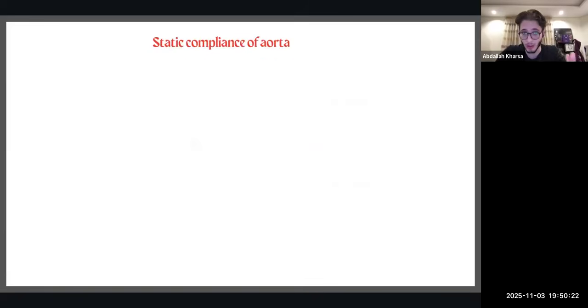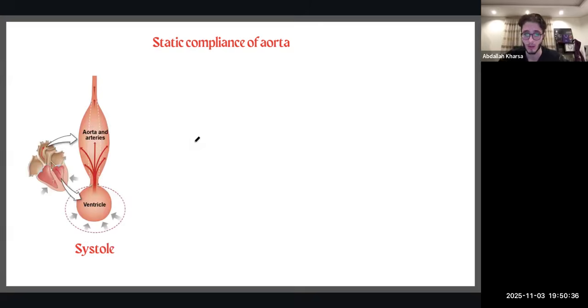Let's finally talk about the compliance of the aorta. Remember how we said that when you pump blood into the aorta from the left ventricle, the systolic pressure is 120 and the diastolic is 80. Why is that? When the ventricle contracts and pushes blood into the aorta, the aorta accepts the blood.